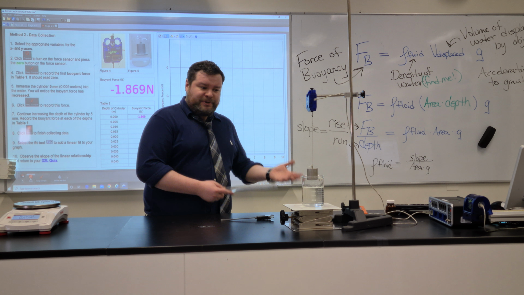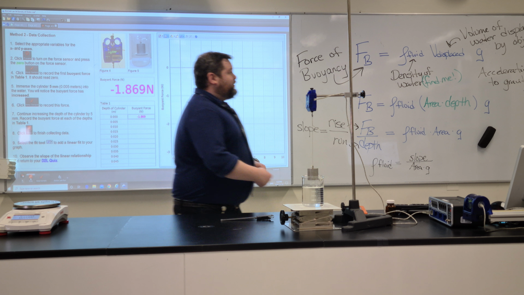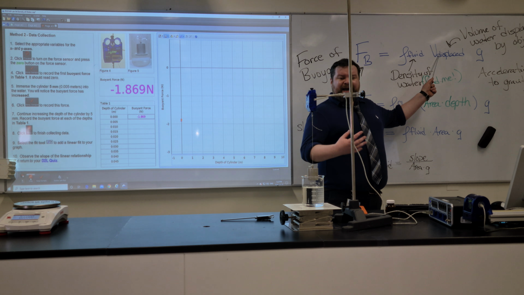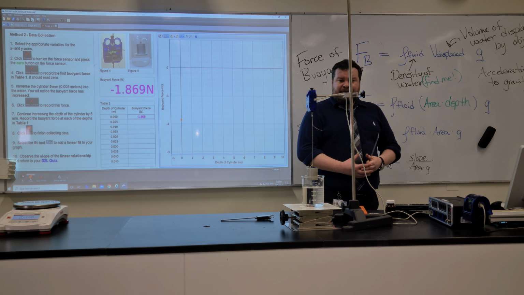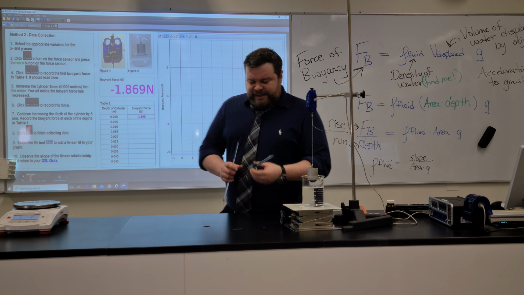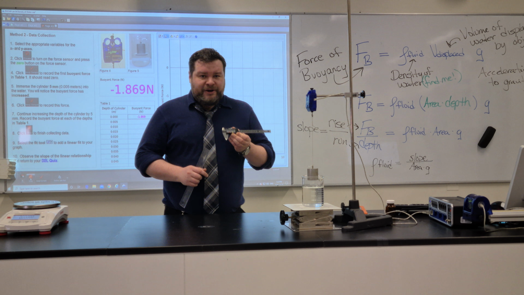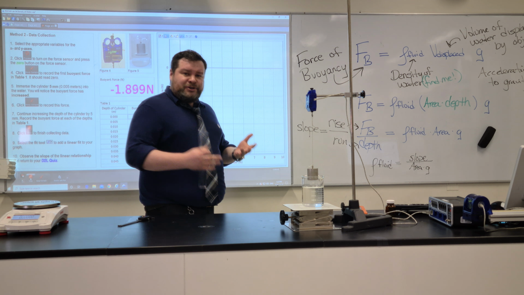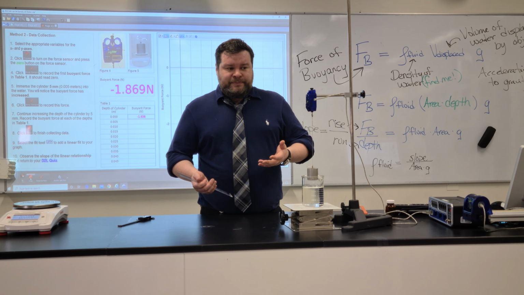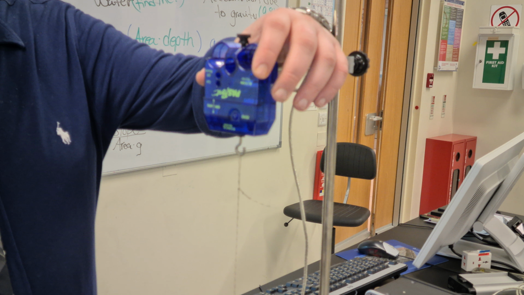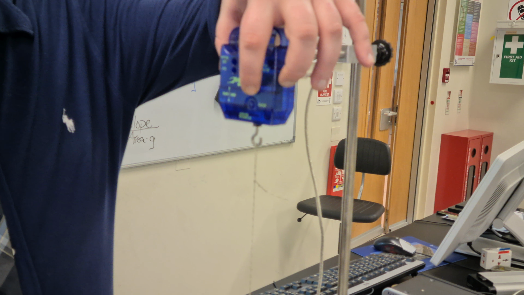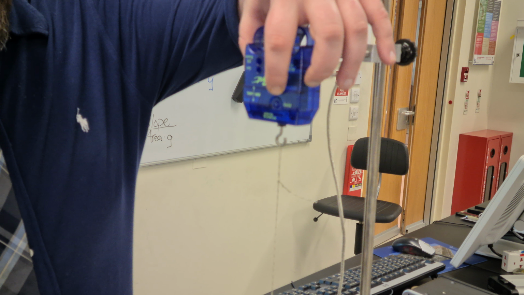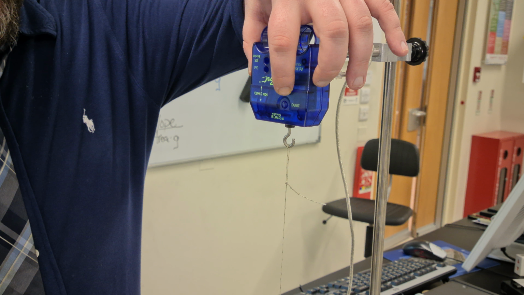Well, it should be 0, because there's nothing displaced since it hasn't had a chance to enter that fluid. So just like every other tool we use, like our vernier caliper and our scale, we've got to zero our tool before we start taking measurements. There's a little 0 button on our force sensor, which I'm going to press in 1 second.